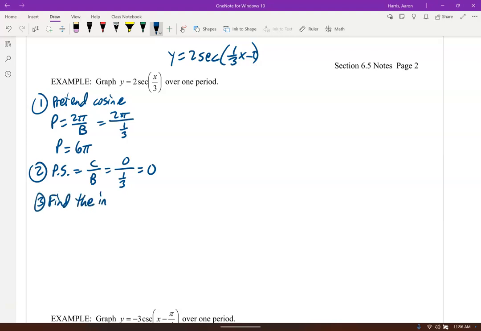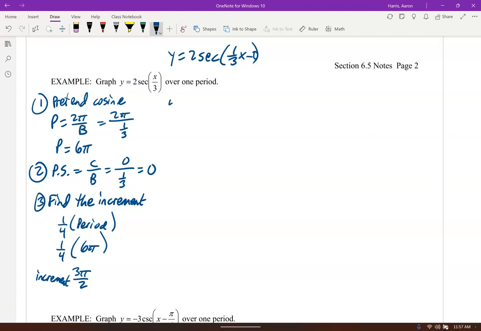In other words, how much do we go up from that by? The increment is 1/4 of the period, similar to last time. Our period here is 6 pi, so our increment is 6 pi over 4, so 3 pi over 2.